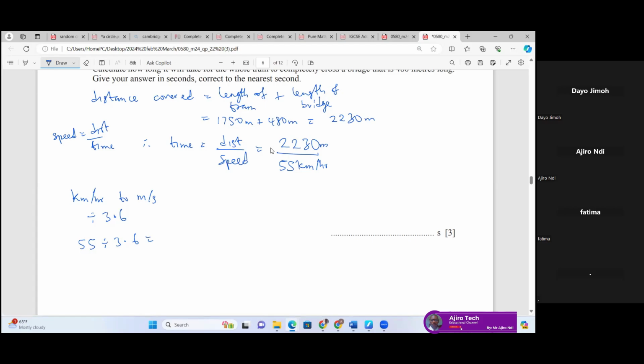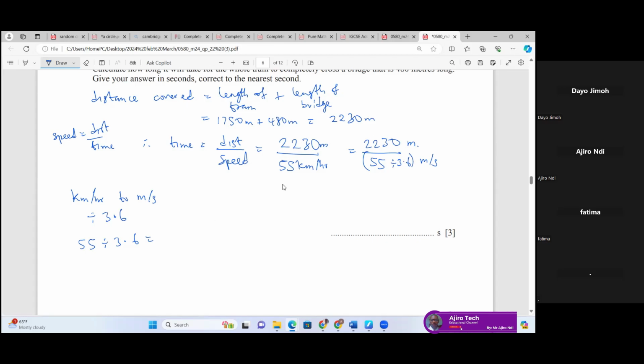But let me just do it this way. If I am dividing, I'll get 2,230 over 5. If I divide by 3.6 I can get my unit in meter per second. This is still in meter, okay? So if I do it like this, I'm going to get my final answer. So let me write it like 2,230 times 3.6 divided by 55.